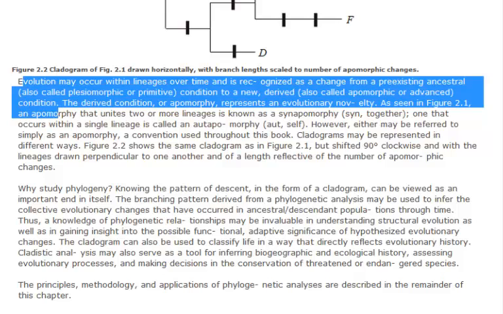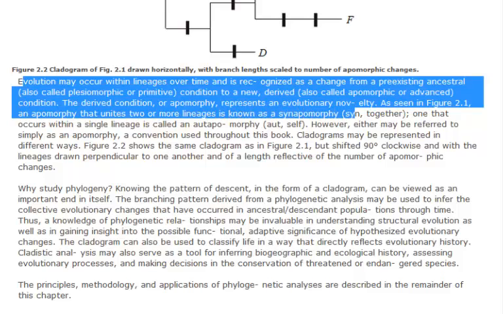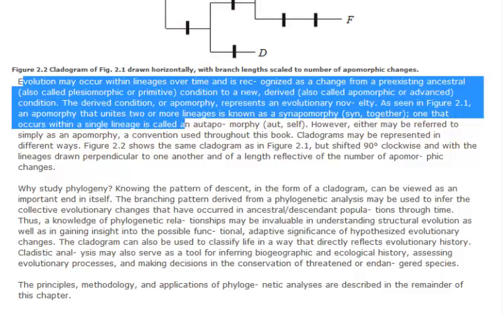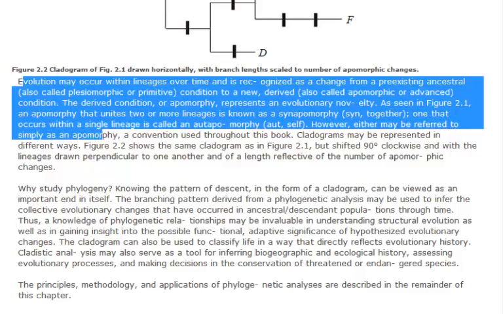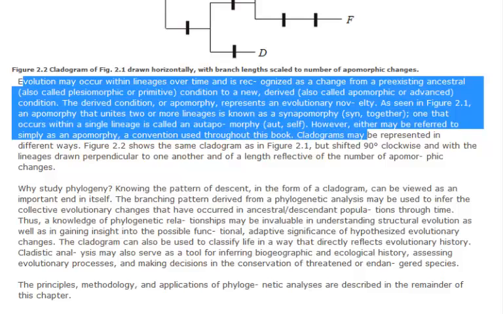As seen in Figure 2.1, an apomorphy that unites two or more lineages is known as a synapomorphy. One that occurs within a single lineage is called an autapomorphy. However, either may be referred to simply as an apomorphy, a convention used throughout this book.